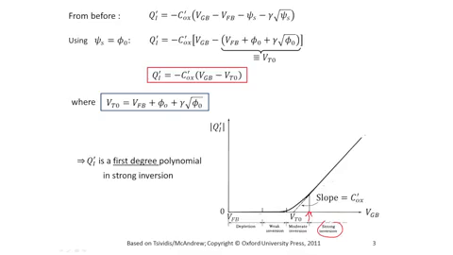The slope of this is Cox. Remember, I'm plotting the magnitude here. And one interesting thing that I should point out here is that VT0, which is a parameter that appears in this strong inversion equation, is itself below the values that correspond to strong inversion.